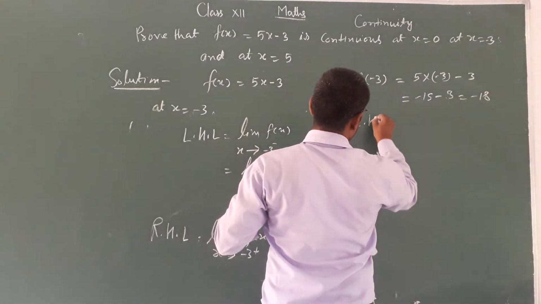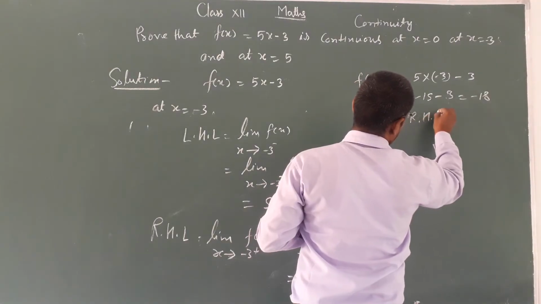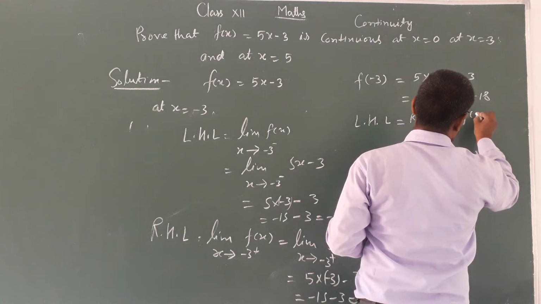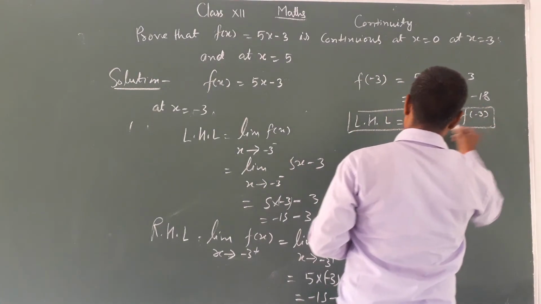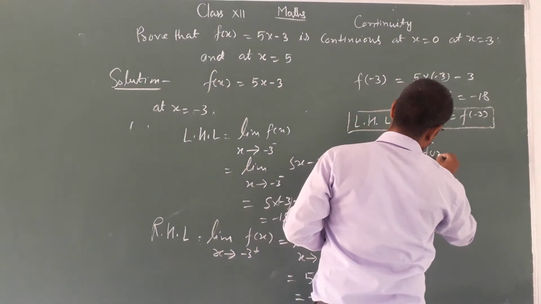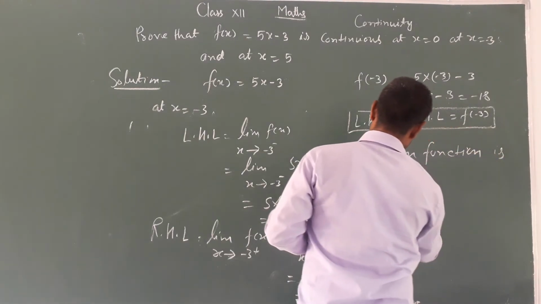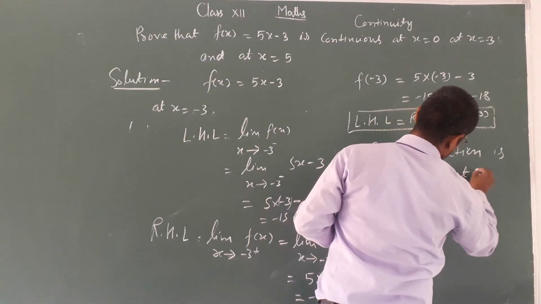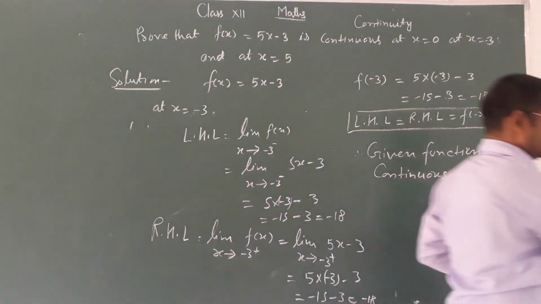So the left hand limit is equal to the right hand limit, which is equal to the value of the given function at minus 3. These are equal, so the given function is continuous at x equal to minus 3.